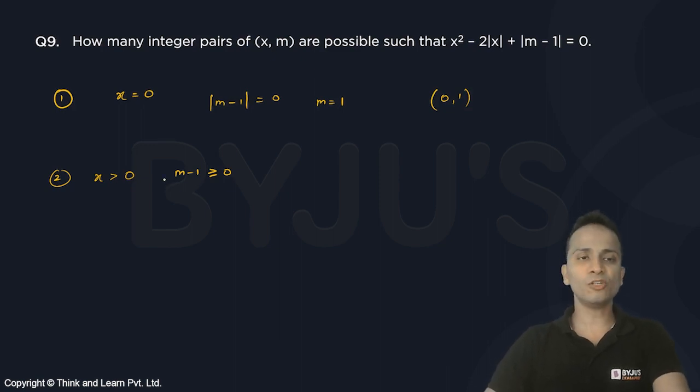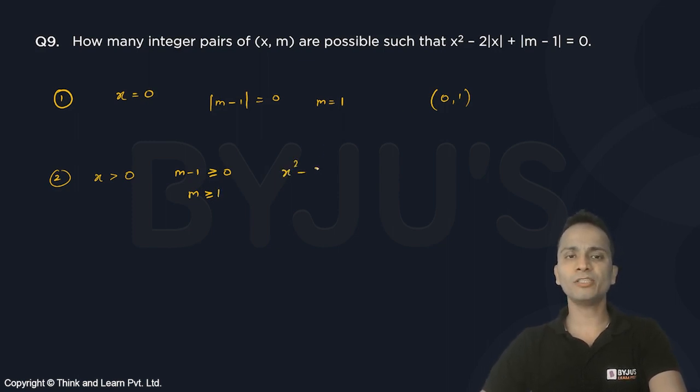So x greater than 0, the second case, and m minus 1 greater than or equal to 0. That means m will be greater than or equal to 1. So our equation will be x square minus 2x. Now since m minus 1 is greater than 0, the second modulus will be positive. So it will be plus m minus 1, equal to 0.